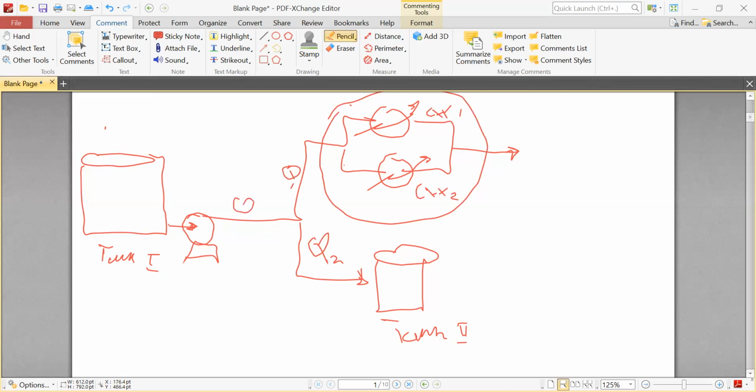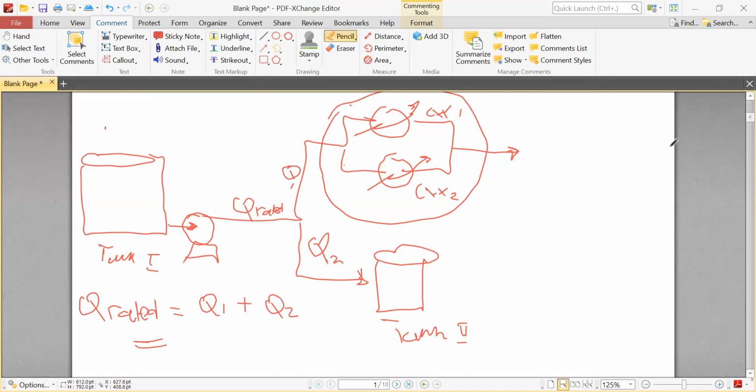So for the Q pump, or Q rated, I can write that the Q rated is equal to Q1 plus Q2. So this is the basic equation.